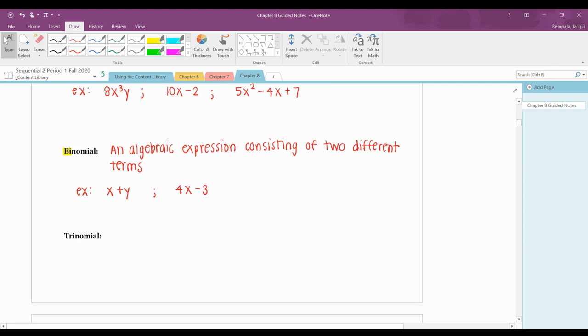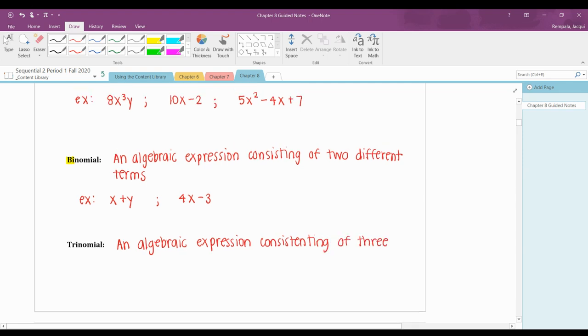Okay, then we have trinomial. This is going to be an algebraic expression consisting of three different terms.